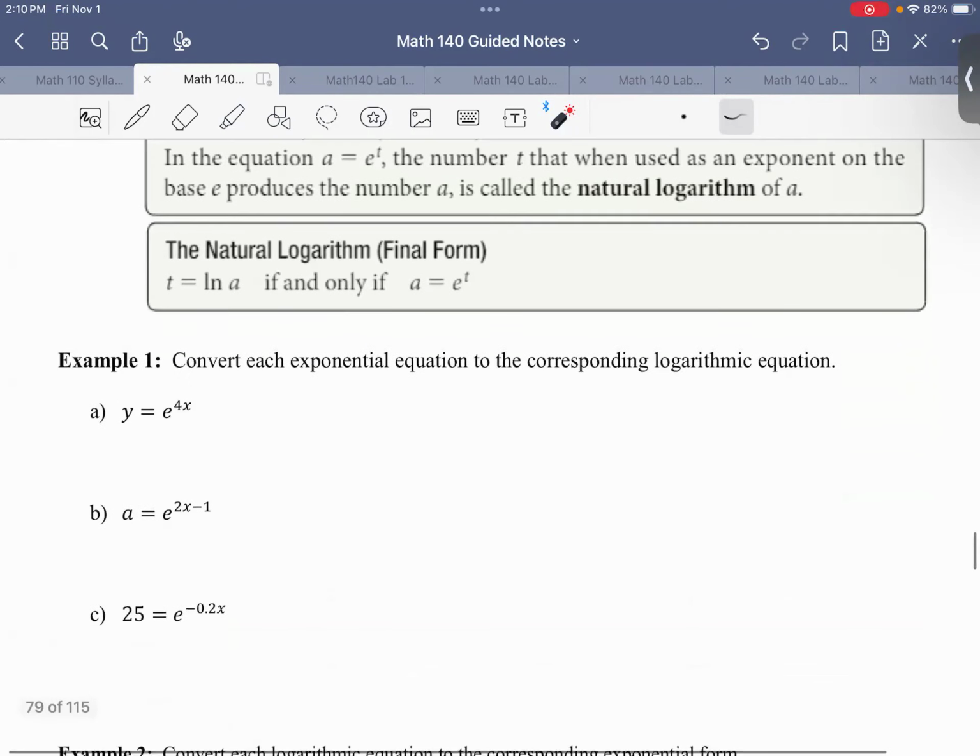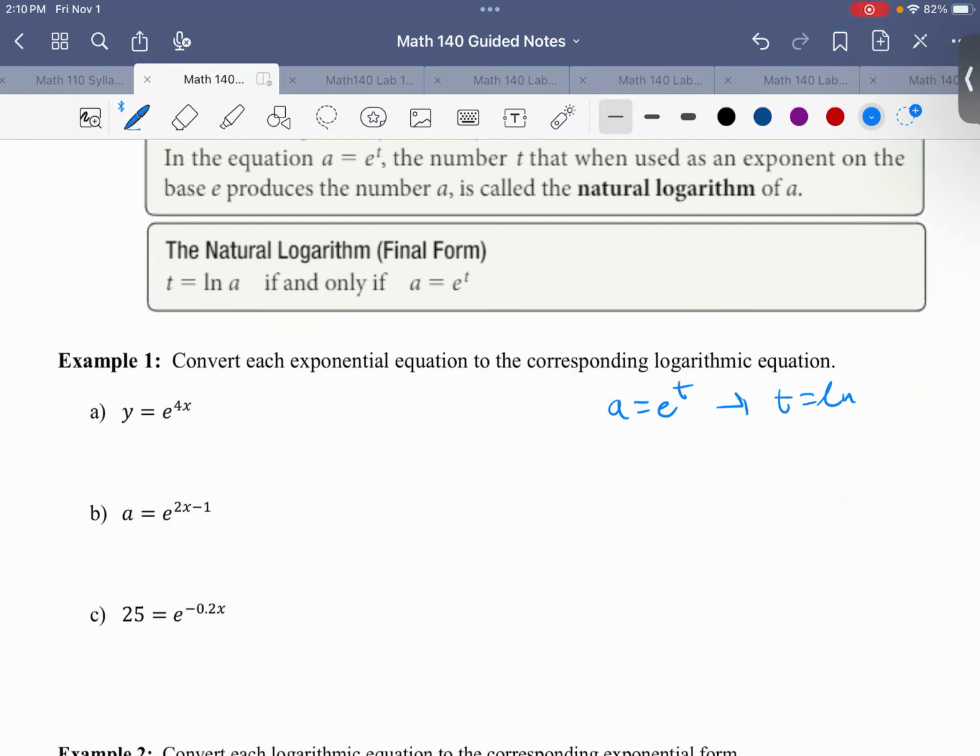So in this first example here, convert each exponential equation to a logarithmic equation. We're going to convert a equals e to the t to t equals natural log of a. Okay, so just a quick note that a natural log will sometimes have parentheses around its value. Sometimes it might not, just to keep that in mind.